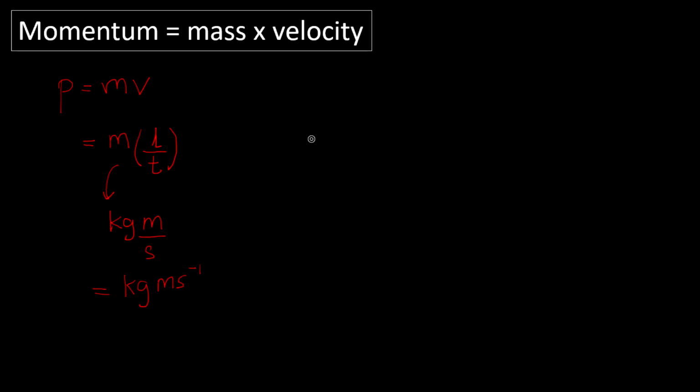Still remember the unit for force? The unit for force is Newton. So Newton is similar to kg m s negative 2. Now, sometimes the unit for momentum, if you look at other books, they write like this: the unit for momentum is Newton second.